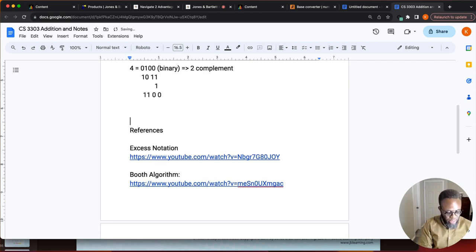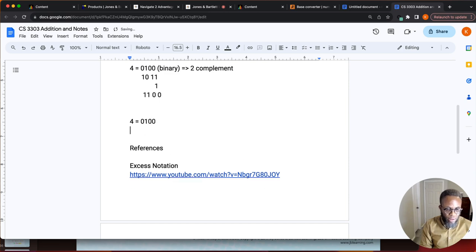Now, if I take a simple number like 4 in decimal, which is 0100. If I wanted to shift left just one space, 1 bit, this binary representation of 4, what you do is put in a 0 at the end.